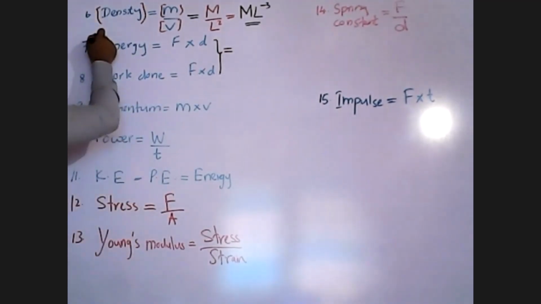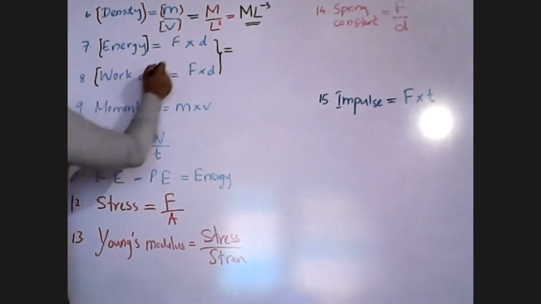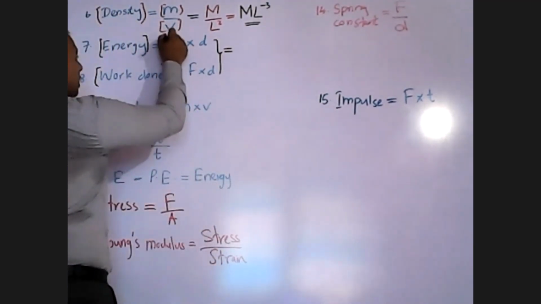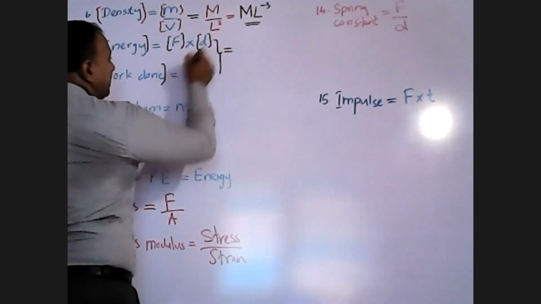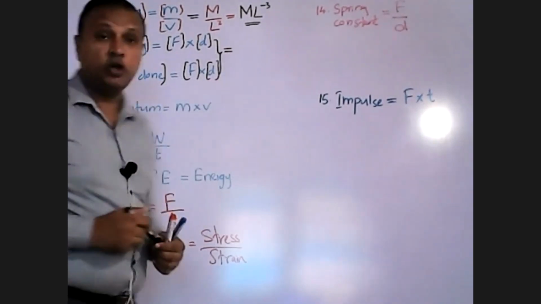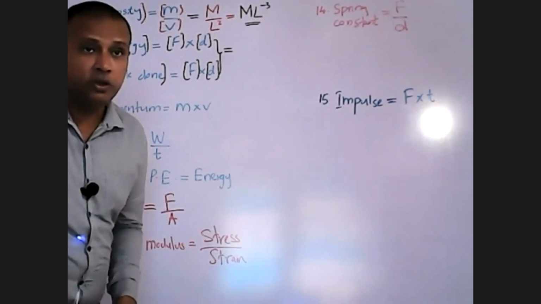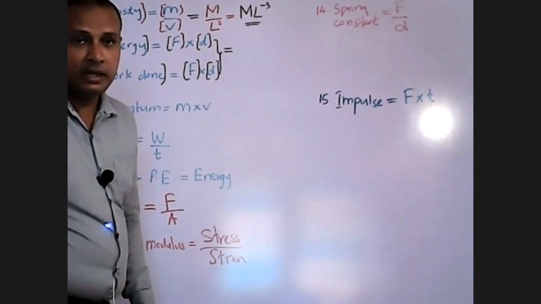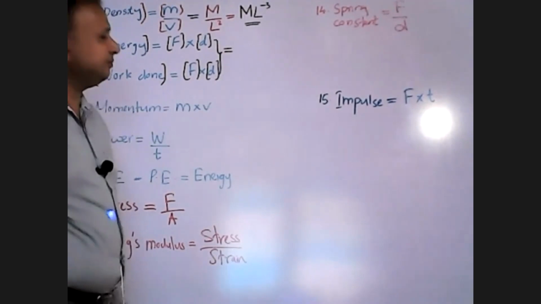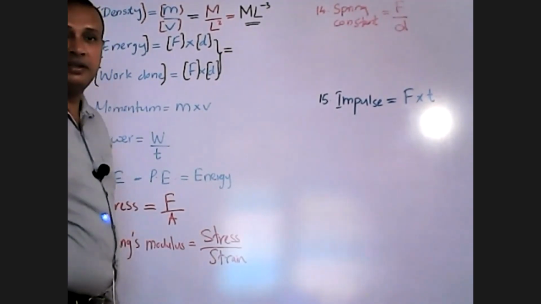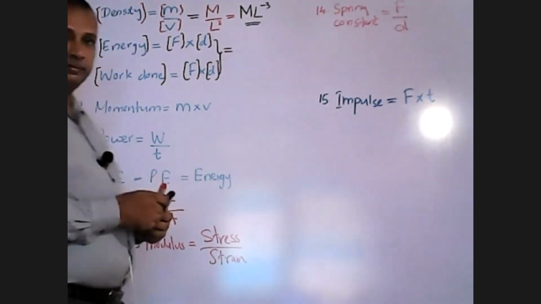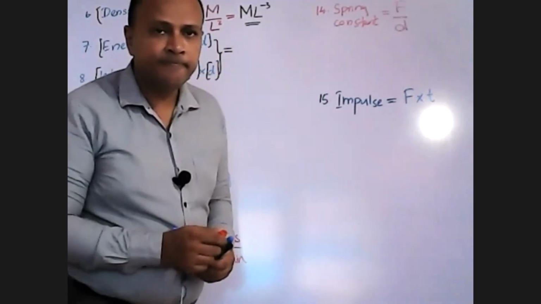So the dimension of energy or the dimension of work done is equal to the dimension of force into the dimension of displacement. So what is the dimension of energy? FL.